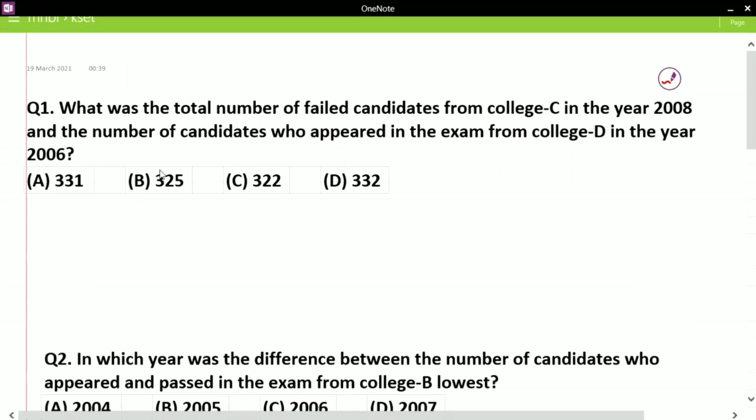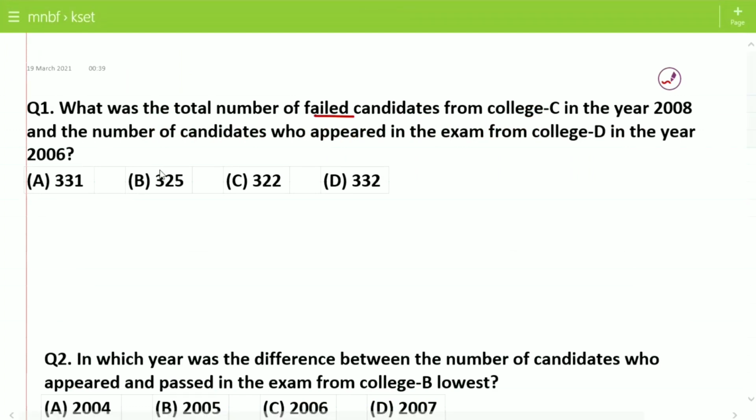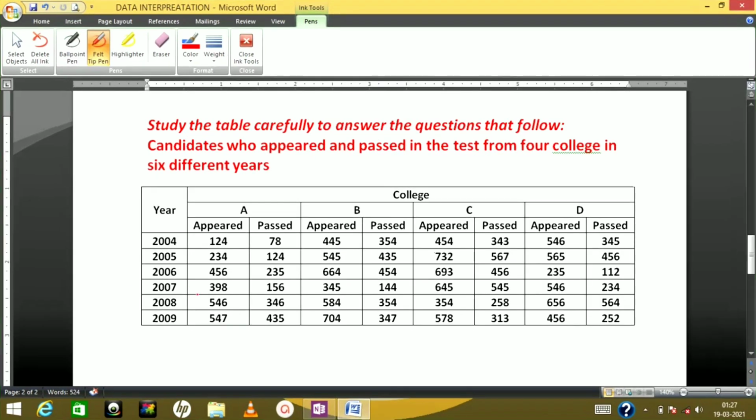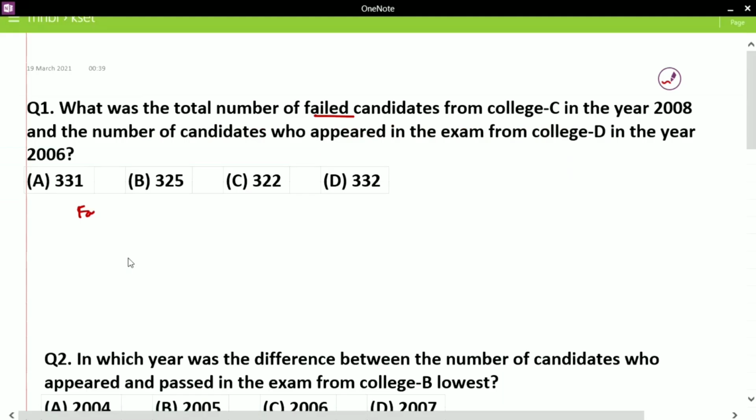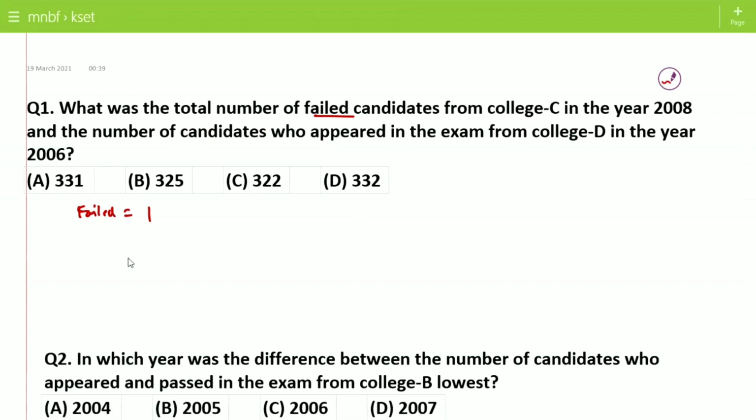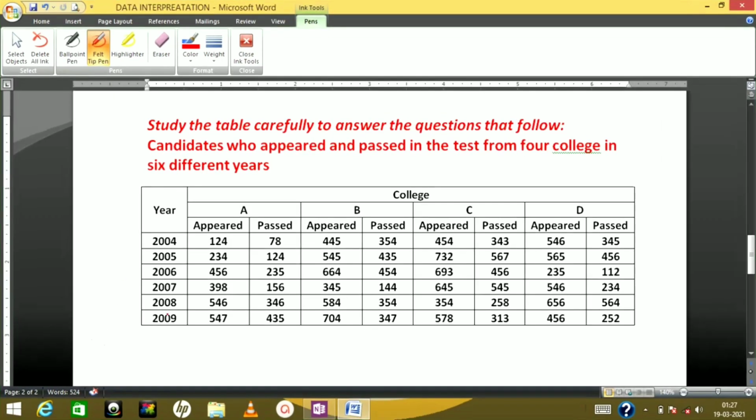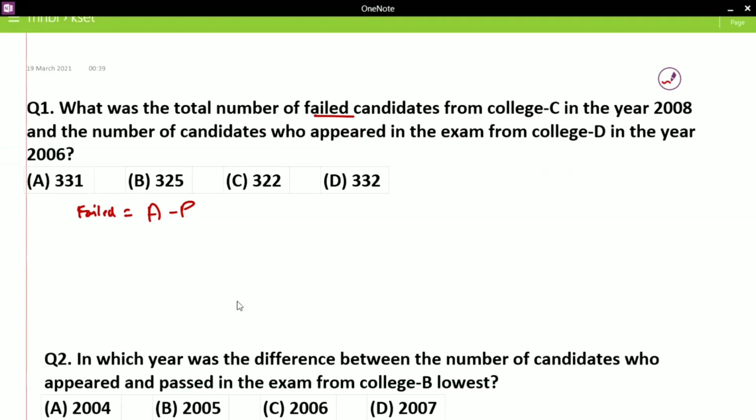The first question is, what was the total number of failed candidates from college C in the year 2008? So if you see in the table, in 2008 appeared values are given and passed values are given. Therefore, the students who failed in the exam is going to be the appeared students minus the students who have passed. So how many students have appeared in 2008 in college C?